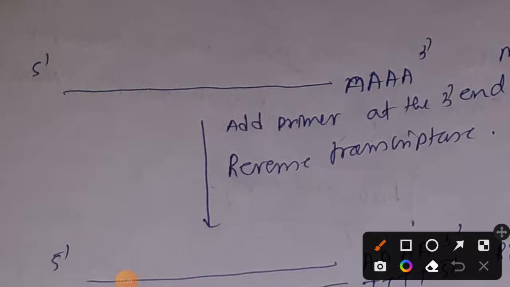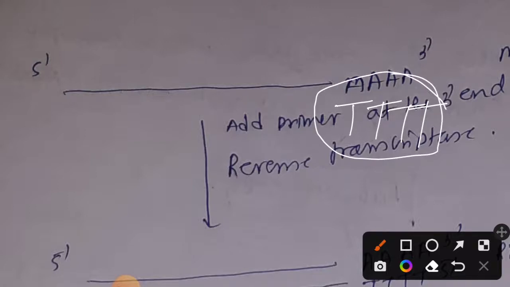Try to understand this carefully: as we know that the 3' end of the mRNA contains a poly A tail, we can easily prepare a primer which will contain oligo-dT nucleotides. That means it will be a poly T primer, right? A short stretch of oligonucleotide which consists only of T.